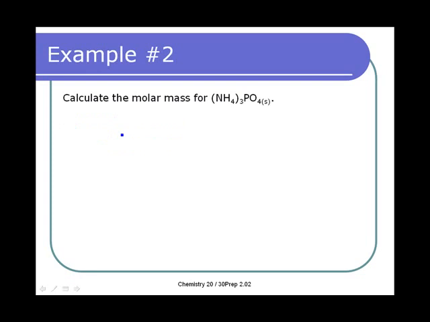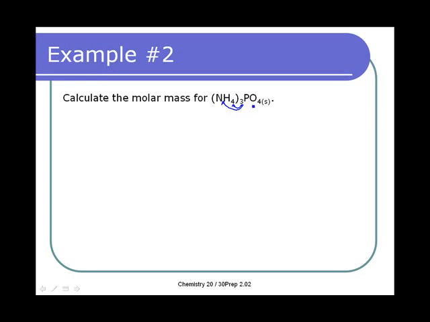So here we have ammonium phosphate. And so just a couple things. When you see this formula, this 3 applies to everything inside the brackets. So it means that there's 3 times 4 hydrogens and 3 times 1 nitrogen. So we actually have to make sure that we multiply that 3 through to every atom inside the brackets.